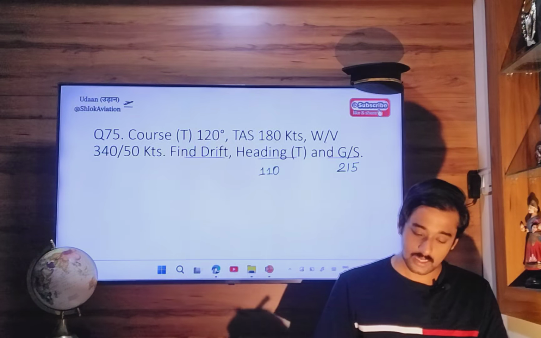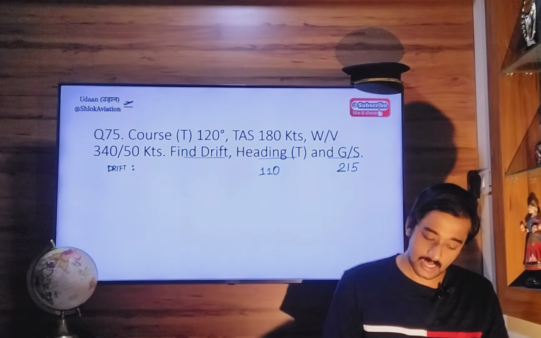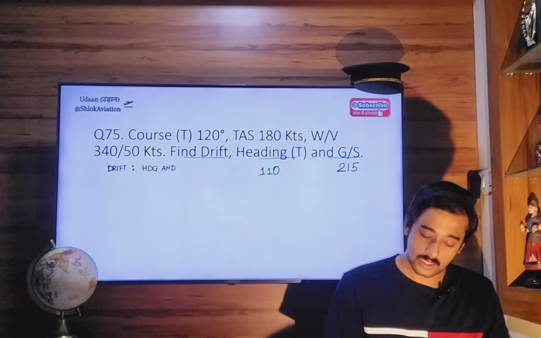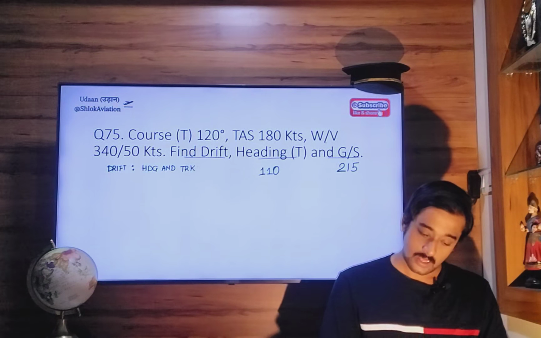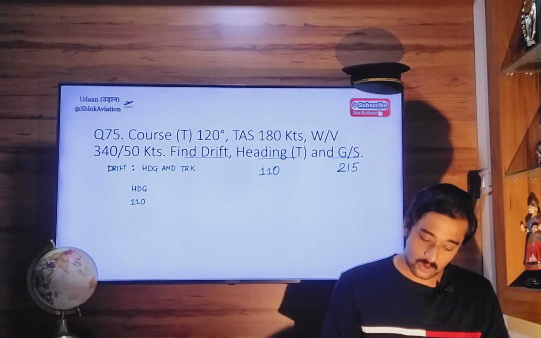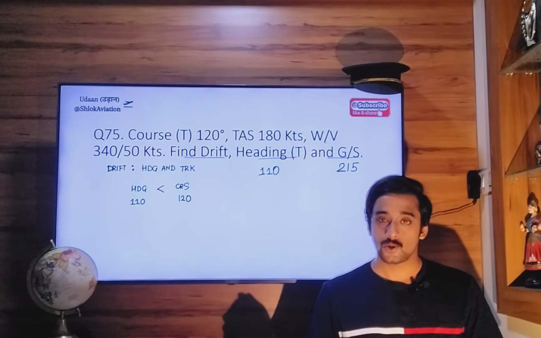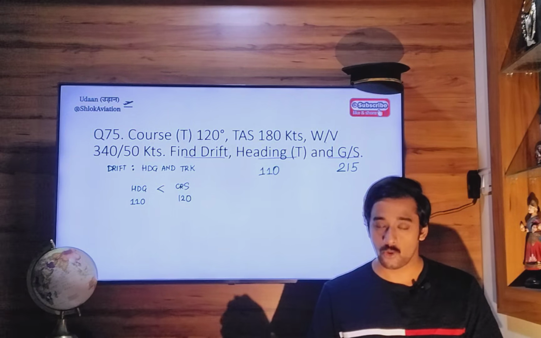Drift is nothing but the angle between your heading and your track or course. Over here, heading is 110 and course is 120. So course is more than heading. When course or track is more than heading, the drift is called starboard drift.